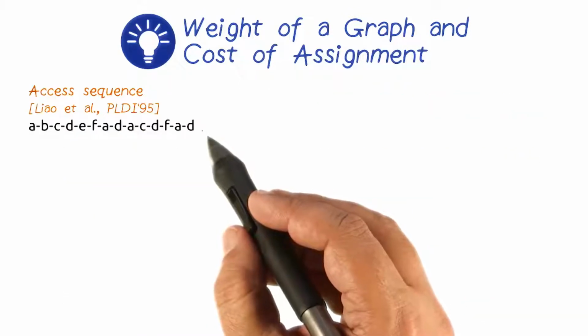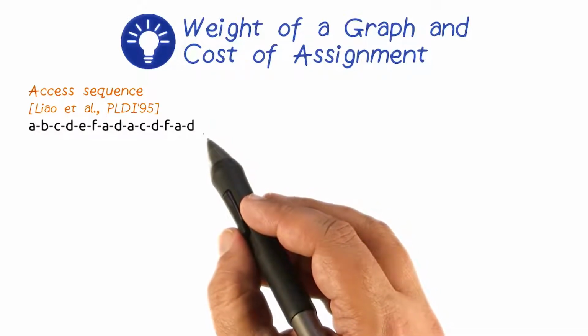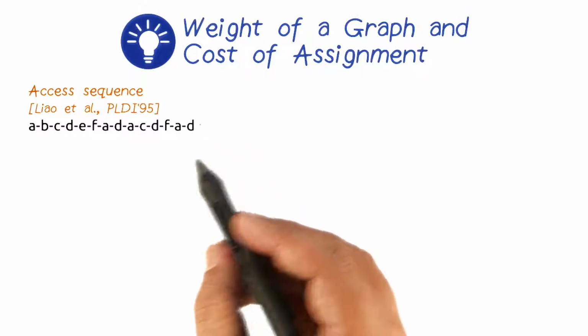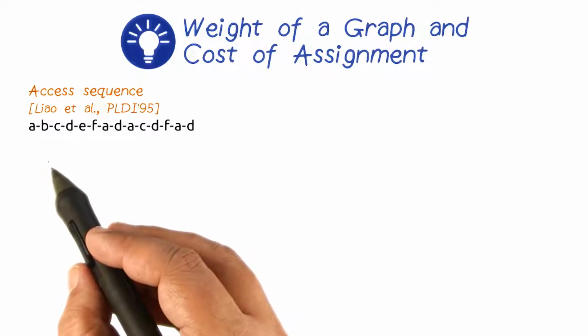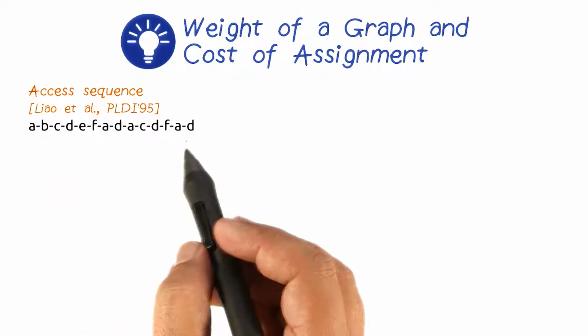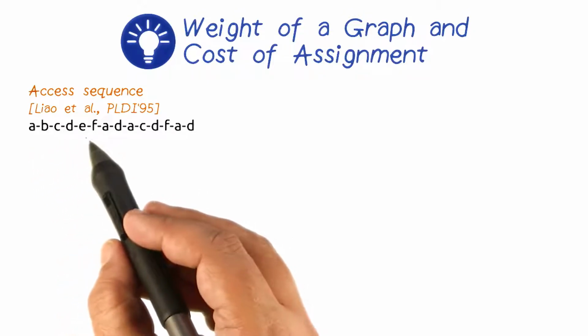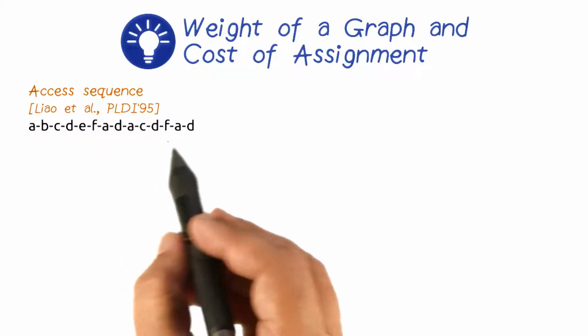Having introduced these concepts of access sequence, access graph, the cost of a cover, and so on, let us look at it through a simple example. Let us find an access graph for this simple access sequence in which we have A followed by B followed by C followed by D followed by E followed by F, again followed by A, and so on.